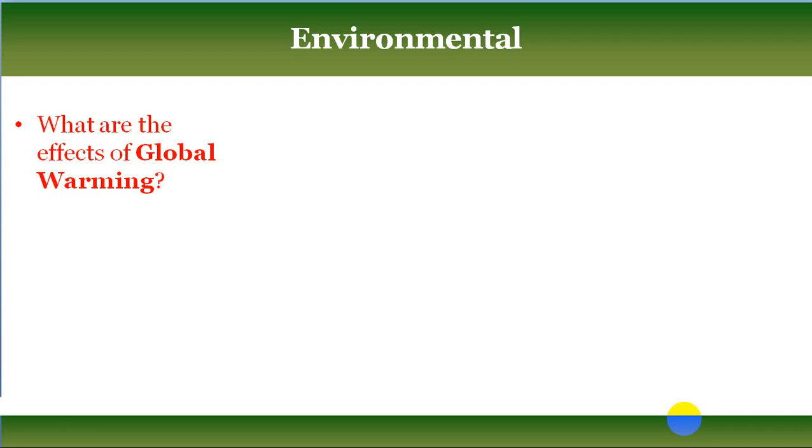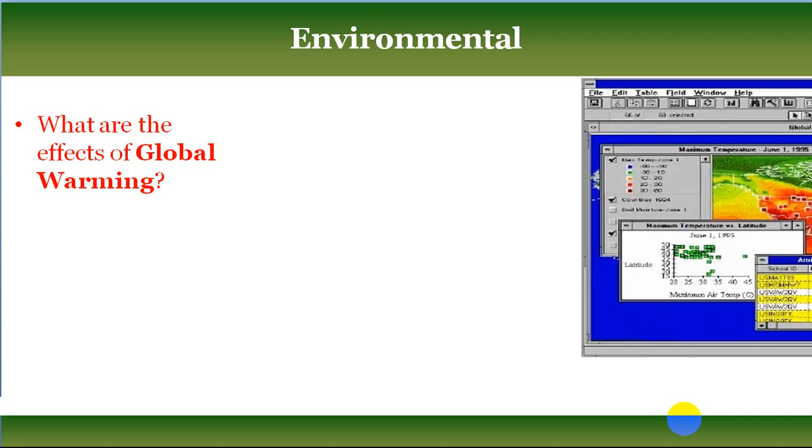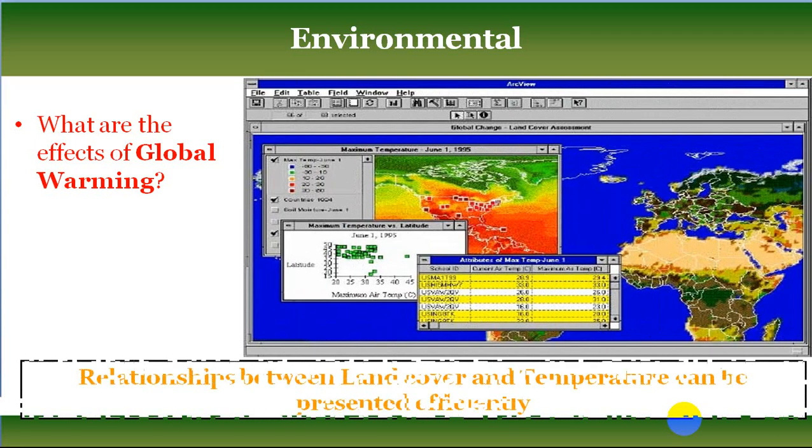The effect of global warming, I mean the relationship between land cover and the temperature, can be properly represented. Where there is bare earth, there is high temperature.